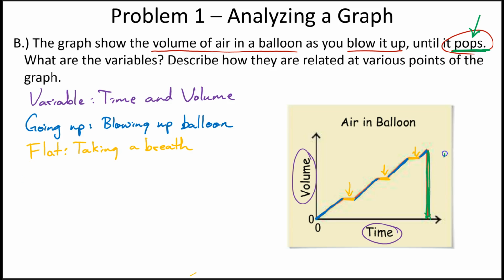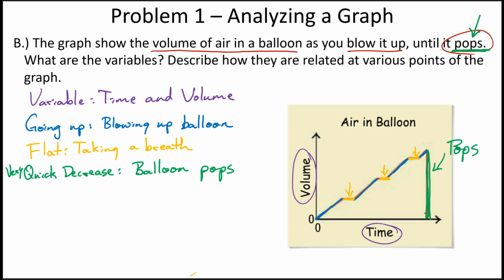And so this is the place where it pops, and that is our very quick decrease. Let's say very quick decrease, or the drop, however you want to describe it. That is when the balloon pops.